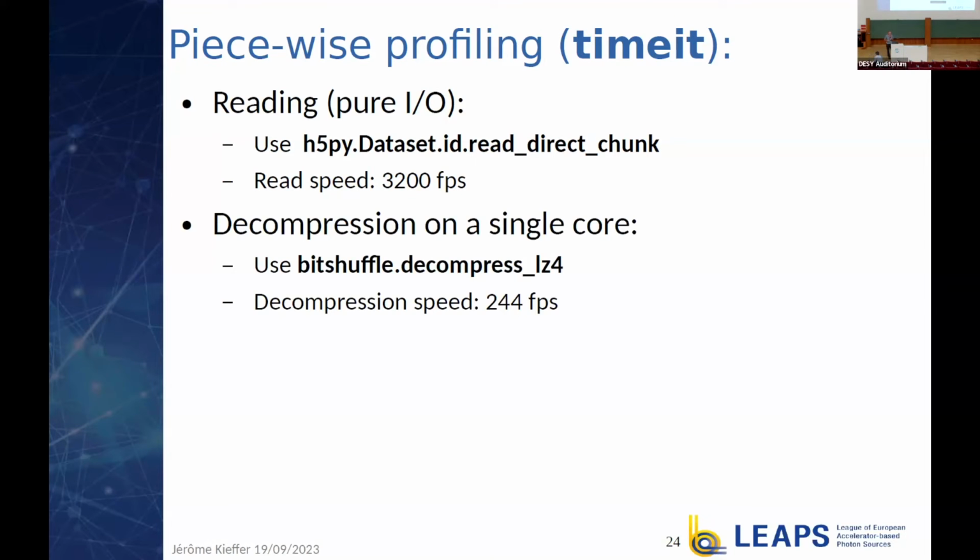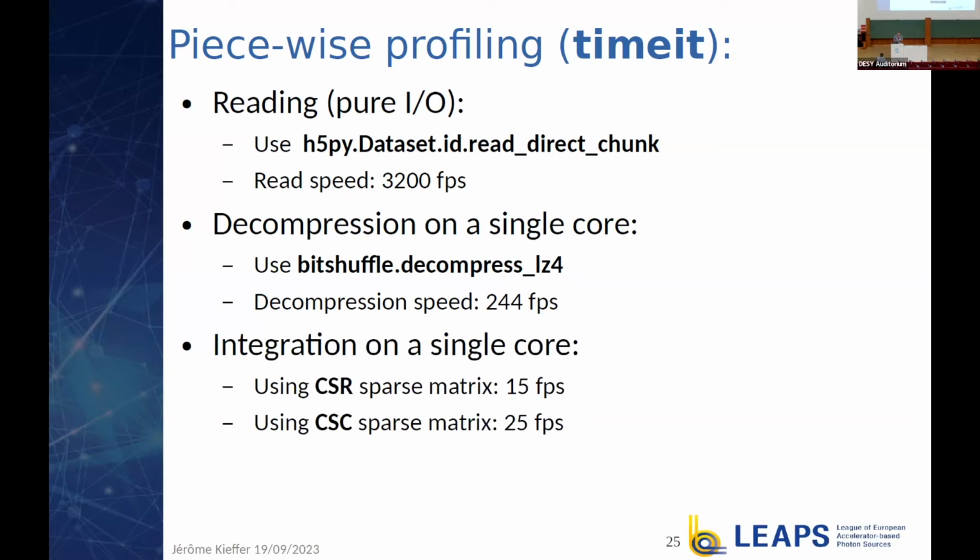Then you do the decompression. If you enforce bit shuffle to work on a single thread, either by recompiling it, disabling OpenMP, or by setting OMP_NUM_THREADS equal to 1, you get 240 frames per second. And then the integration. If we use the CSR sparse matrix representation, which is inherently made for working in parallel, but we want it to run on a single core, we get 15 frames per second.